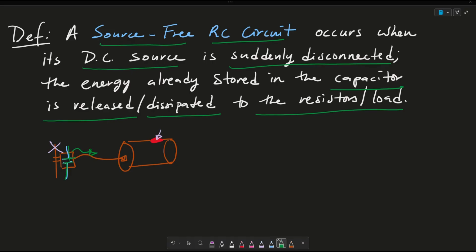The reason is the capacitor discharging its current to the speaker after you disconnect it from the wall. When you disconnect it from the wall, it becomes a source-free RC circuit. That is the time period where we're considering the source-free RC circuit in a real-life application.